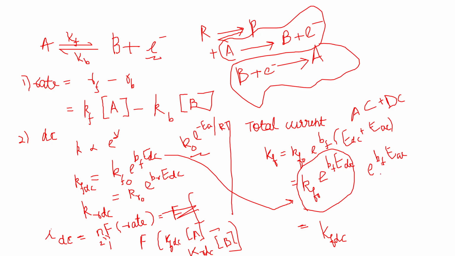Now this is of the form e to the power x, where I can do the Taylor series expansion. So how do you do e to the power x? It will be 1 plus x plus x square by 2 factorial plus x cube by 3 factorial, etc. So the same thing goes over here.